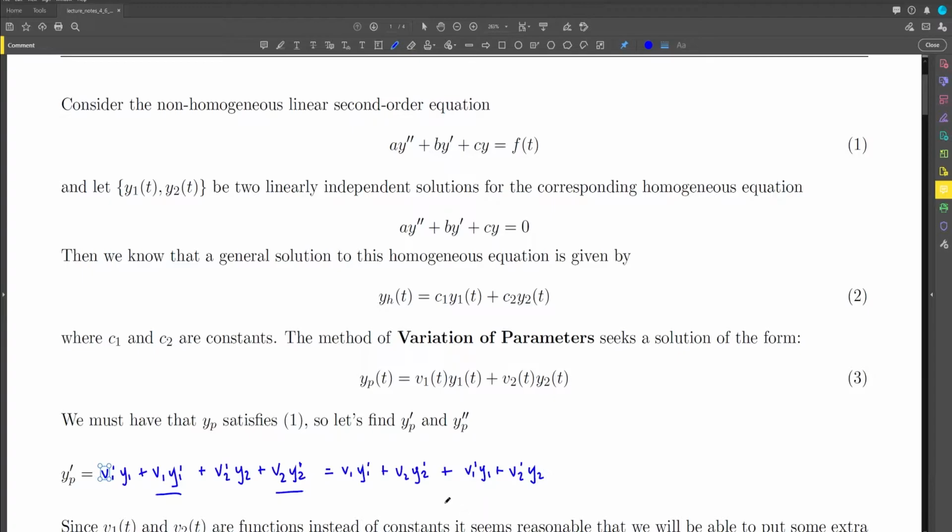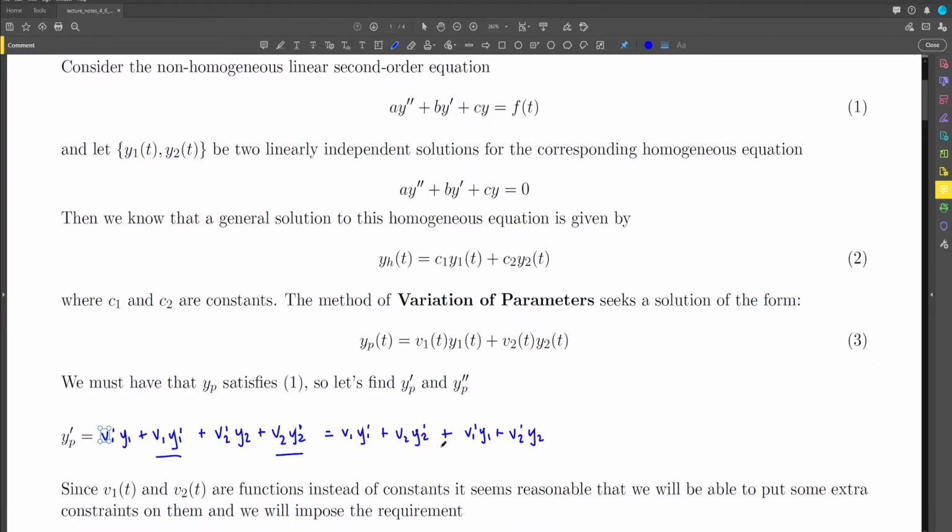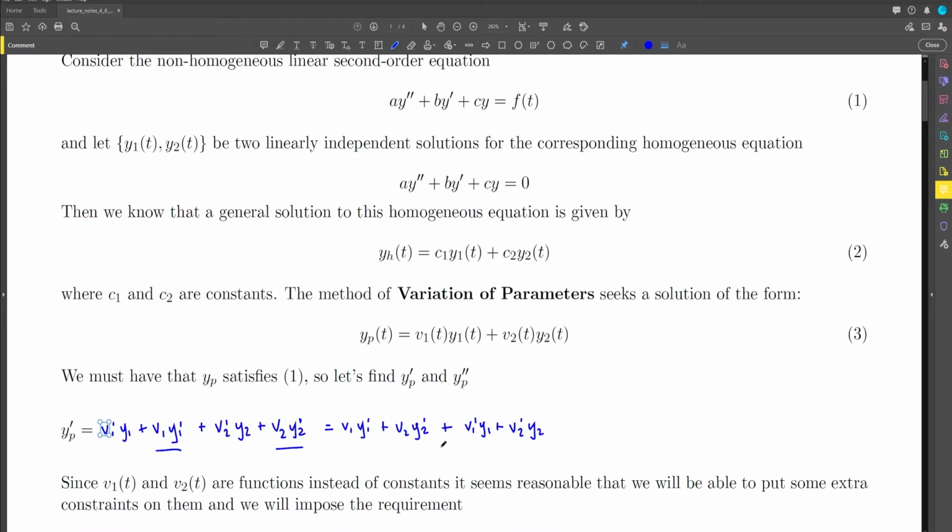Now, since v1 and v2 are functions instead of constants, it seems reasonable that we can put some extra constraints on them.